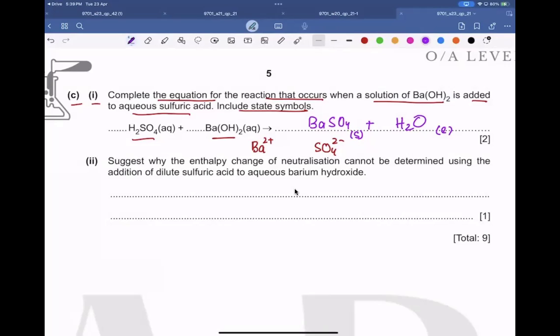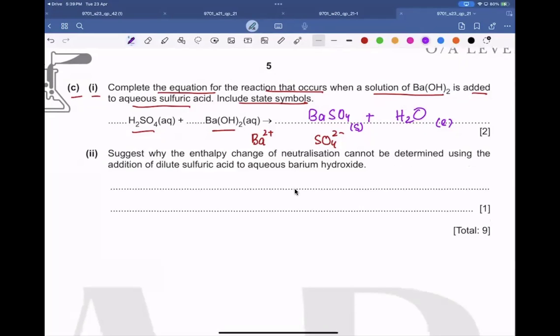Am I audible to you guys? There is a little lag in the screen due to, I think, internet issues. So it is because whenever neutralization occurs, neutralization is for salts which are aqueous only, because these two are aqueous and an aqueous salt is formed. There is no precipitation, there are no solid particles formed over there.